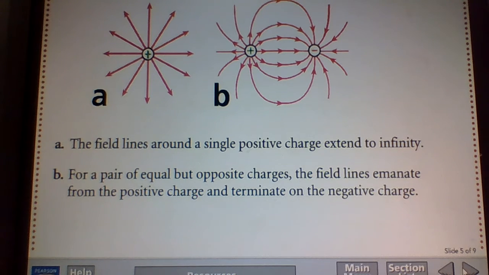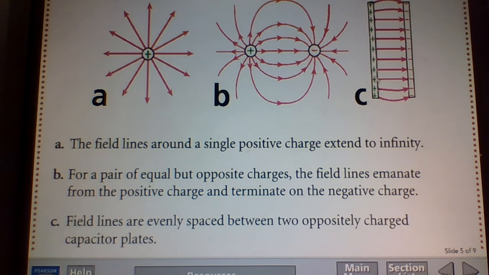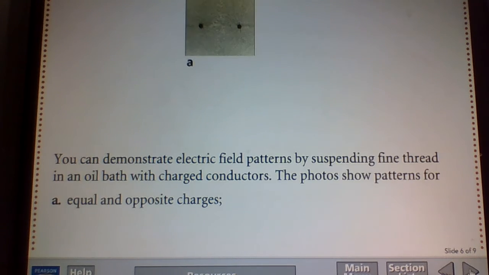And then there's also the possibility that we have something like this. These would be capacitor plates, and in a capacitor it's always moving from the positive to the negative. But we see at the ends that we have that field beginning to bulge out. It's beginning to try and leave the system, but it always wants to move from the positive to the negative.